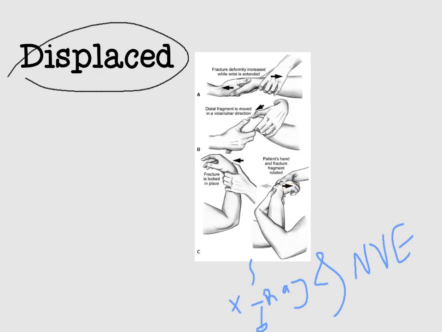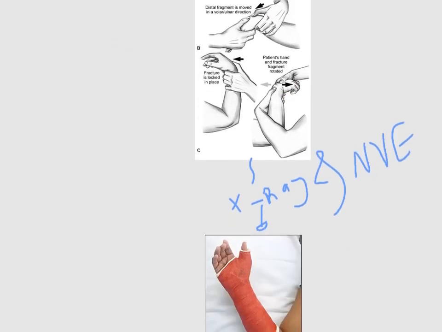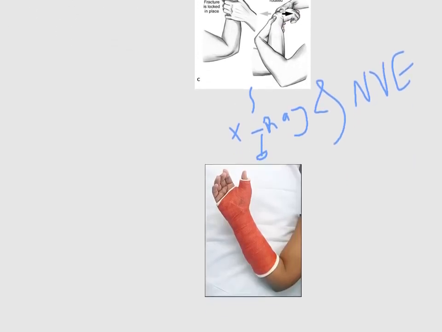So this is how we do closed reduction: by traction, reduction of the fragments into place, with pronation, ulnar deviation, and some flexion.